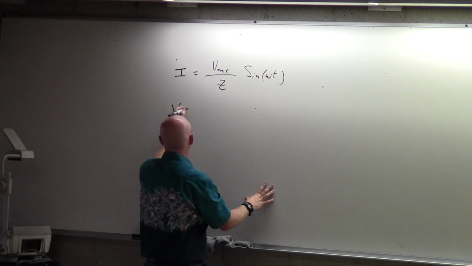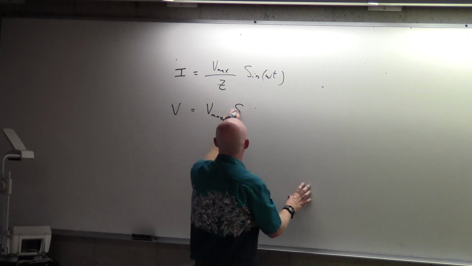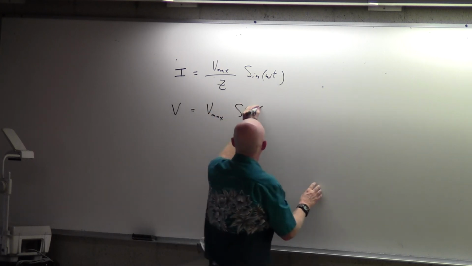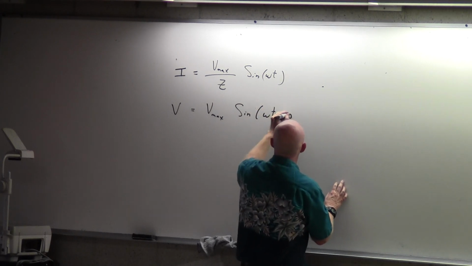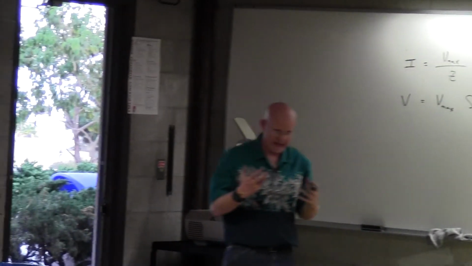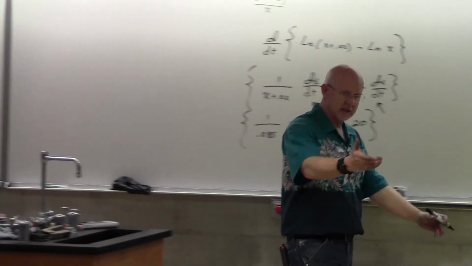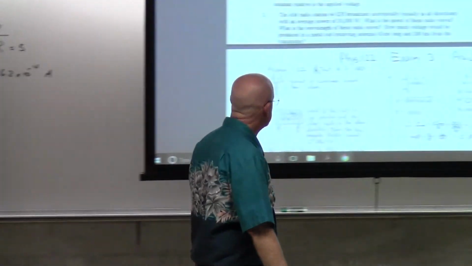That is coming from the power supply, which is the maximum voltage, and the current will be out of phase by some phase constant depending on the total combination of the reactance of the inductor, the reactance of the capacitor, and the resistance.